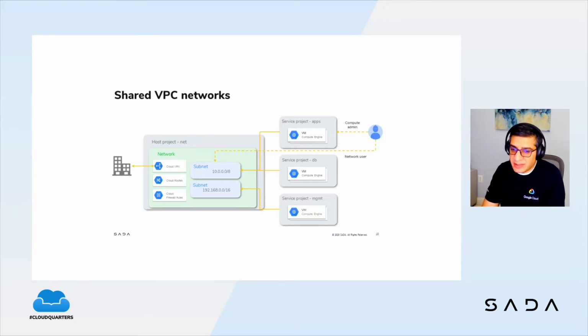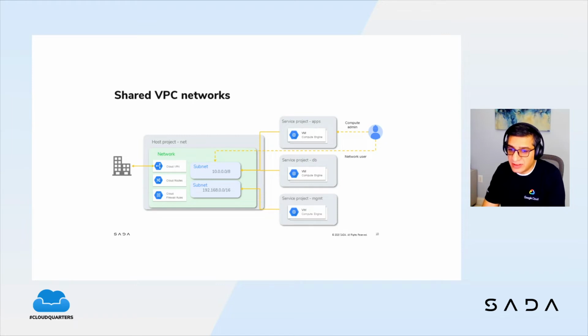These subnets can be shared with other projects. So in this case, you can think about the host project as a project owning that VPC, and the service projects as the projects that consume these VPC resources, subnets to be more specific, to create VMs and utilize that IP space. And eventually, all of these VMs will be able to access the resources available in the host project VPC, like firewall rules and VPN connections.